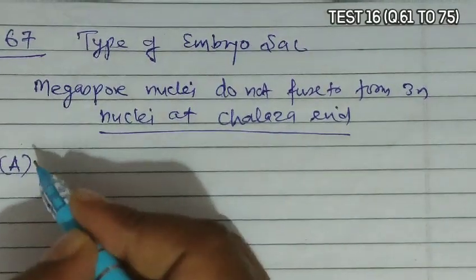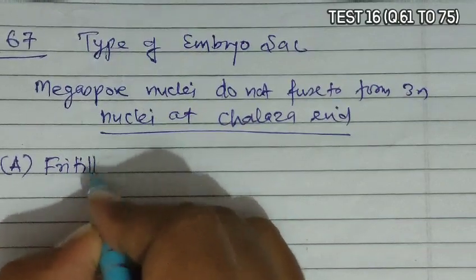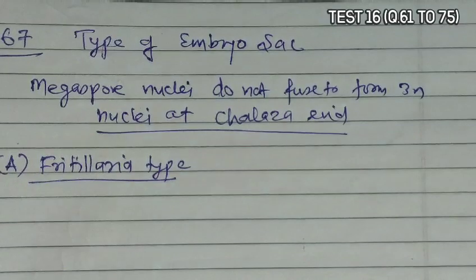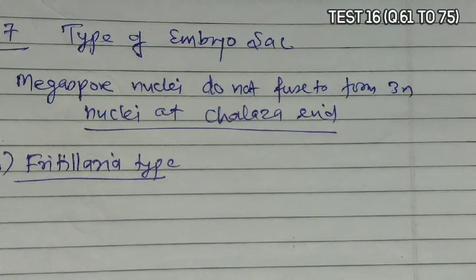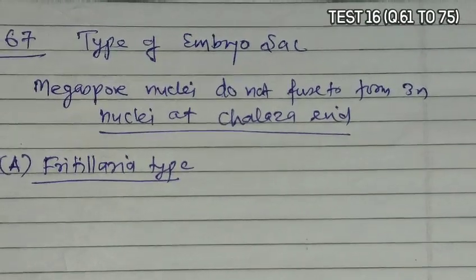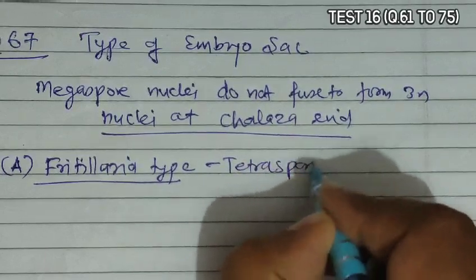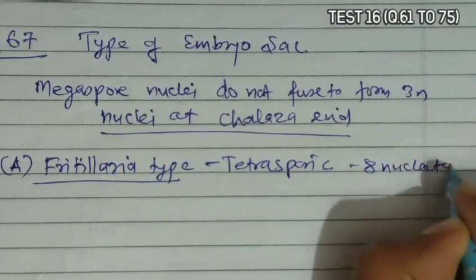Now option A is given as Fritillaria type. The Fritillaria type of embryo sac is tetrasporic, and it is 8 nucleated.